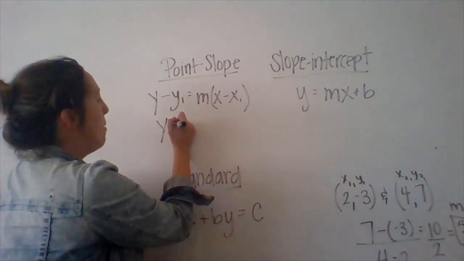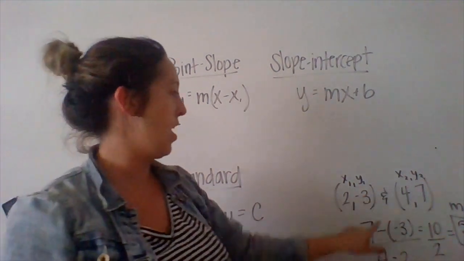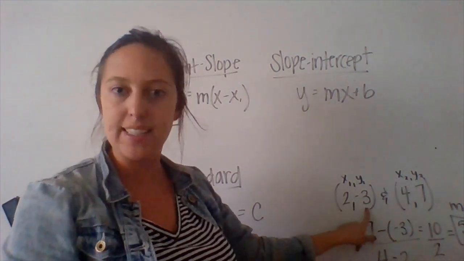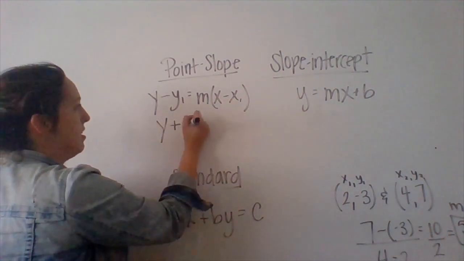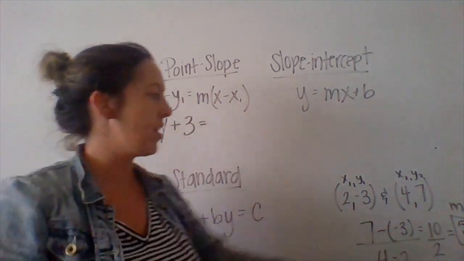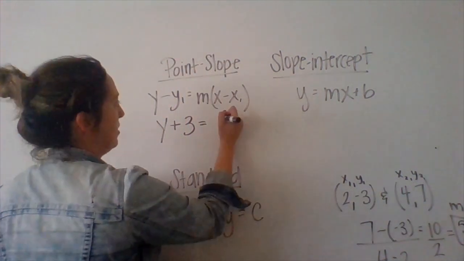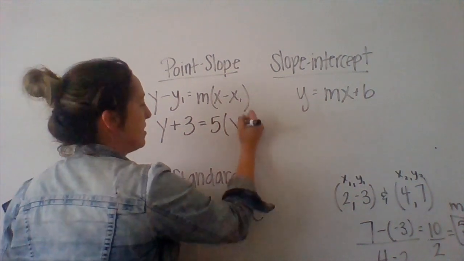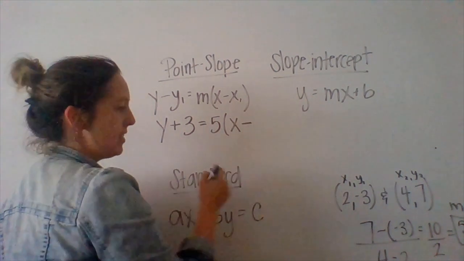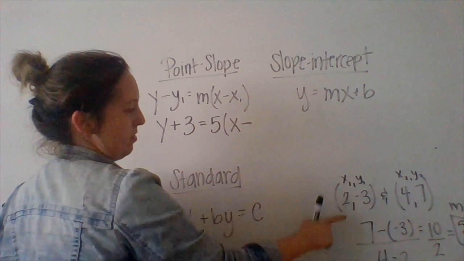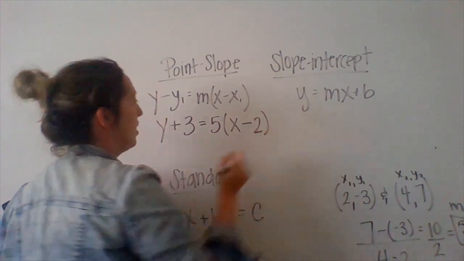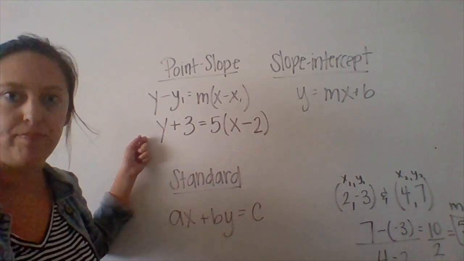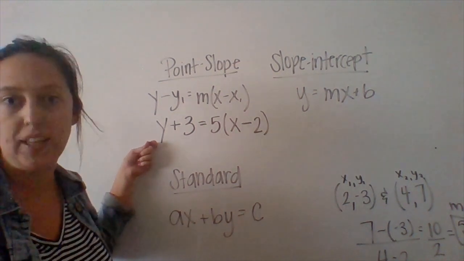So we have y minus my y1, which was negative 3, so y minus negative 3 turns to y plus 3, equals my m I already found is 5, x stays as it is, minus x1, which was 2. This is now in point slope form. And this is going to be what we use most frequently in calculus.